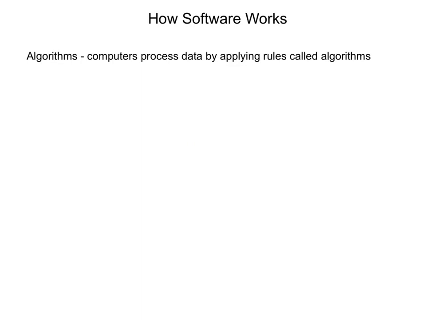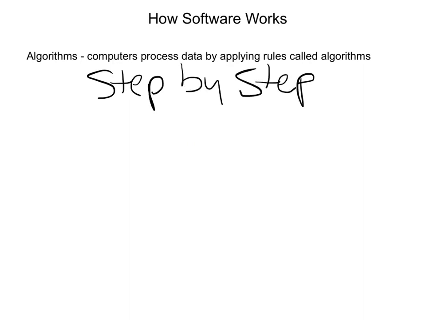So algorithms is what the computer uses. They're rules that they set up. Okay? So they're step-by-step instructions. So programs, if anybody takes a programming course, you're going to end up doing things like this. You'll say, let A equal 5. It's kind of like what we did a couple weeks ago with lesson 1.